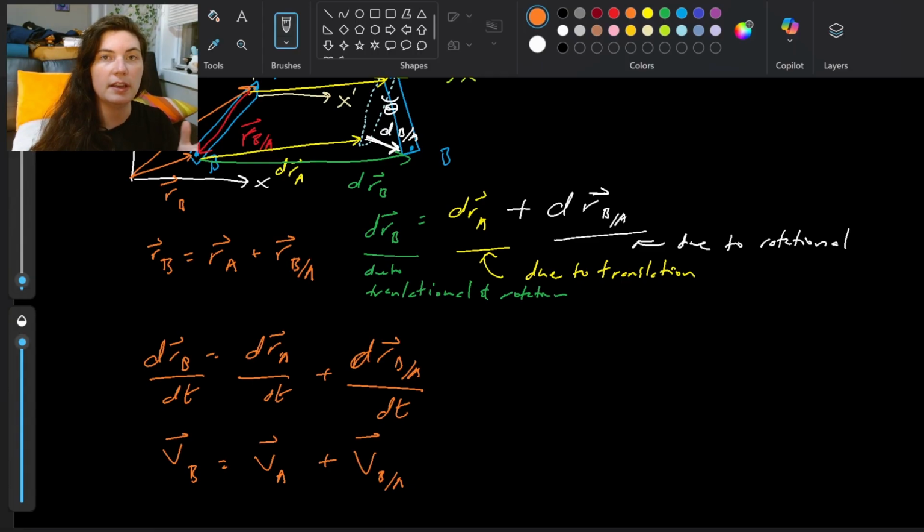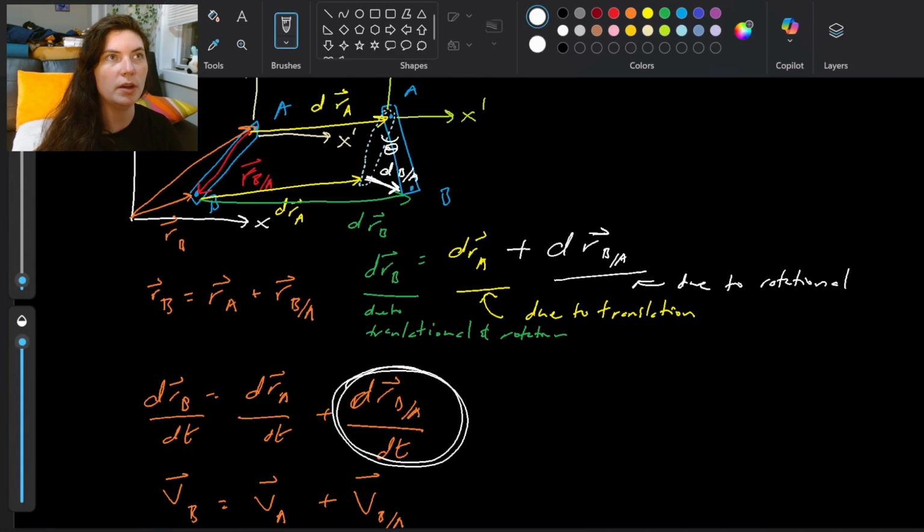One really important thing to point out here is this term on the end, drB with respect to A, how that rotational movement is changing. Because as we said, we're going through this angle of rotation.